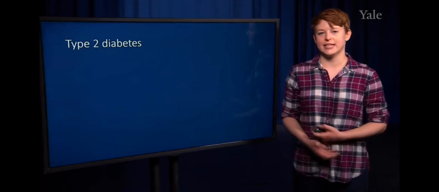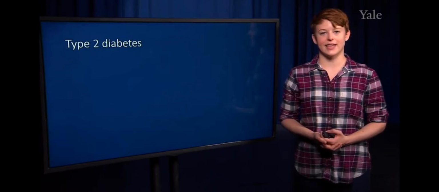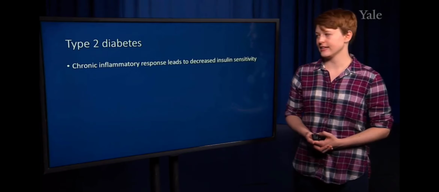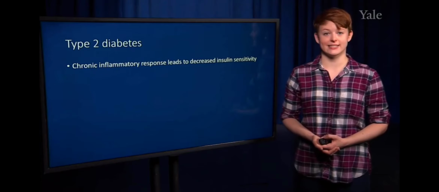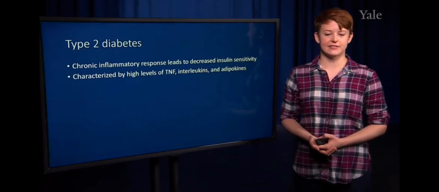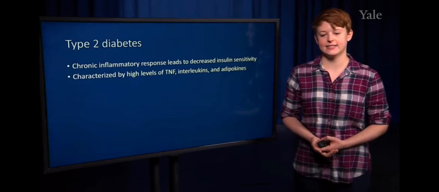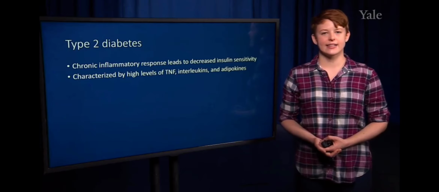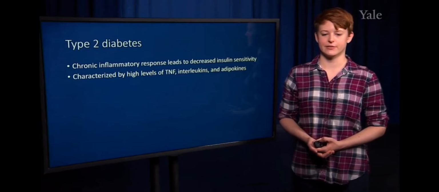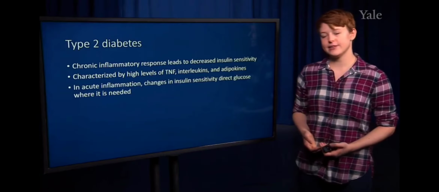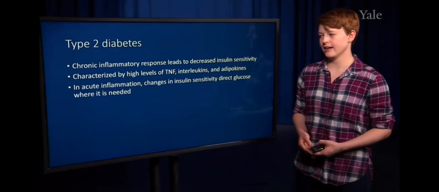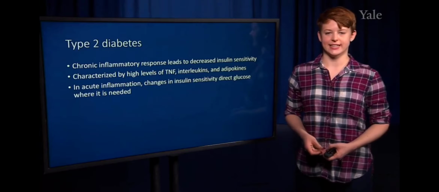Type 2 diabetes is another example of a chronic inflammatory disease, and this response results in decreased insulin sensitivity, which is characterized by high levels of TNFs or inflammatory cytokines, as well as interleukins and cytokines known as adipokines, which are produced by the adipose tissue. So in acute inflammation, as we discussed in the diagram, changes in insulin will direct glucose where it's needed.